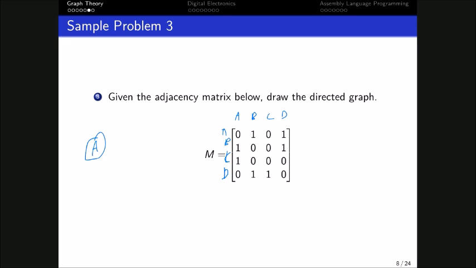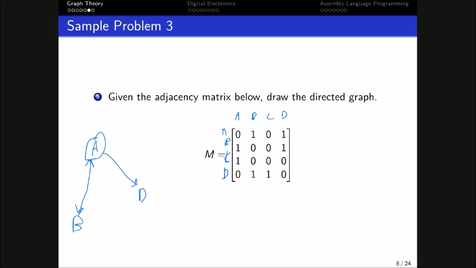So A to B, you can draw like that. That's how you draw an edge, A to B, and then D would also get one like that. And then B to A, you draw an arrow on the other side like this. You don't have to draw another entire line, just draw an arrow on the other side. B to A, and then B also goes to D.